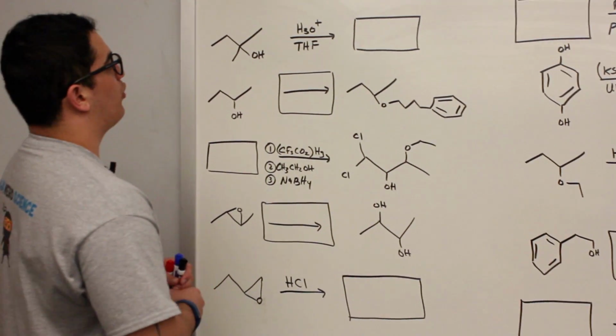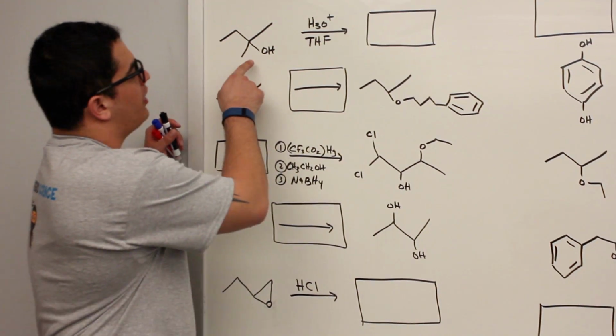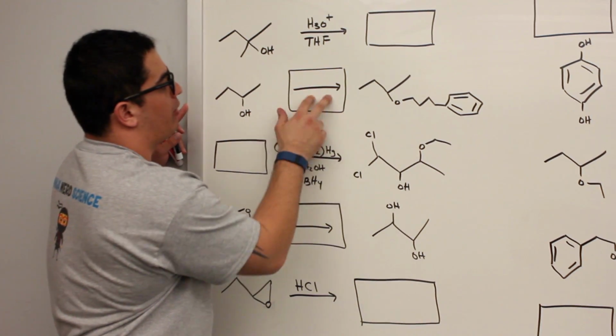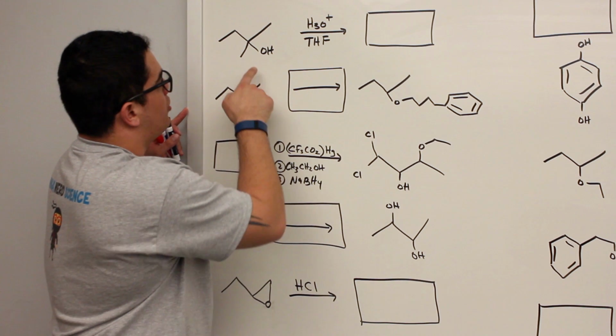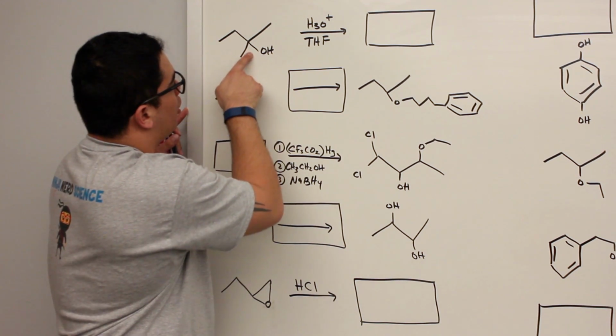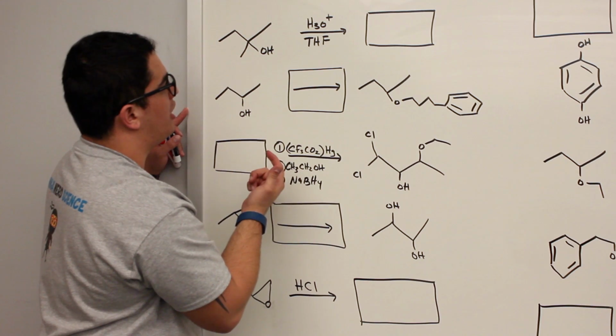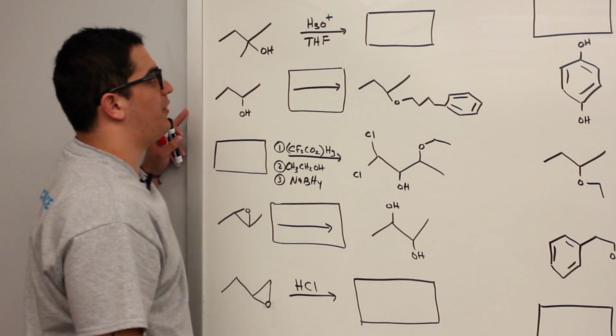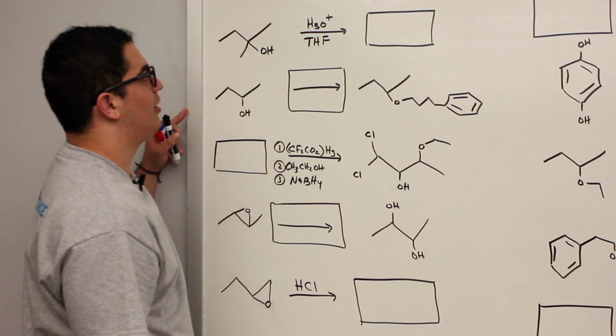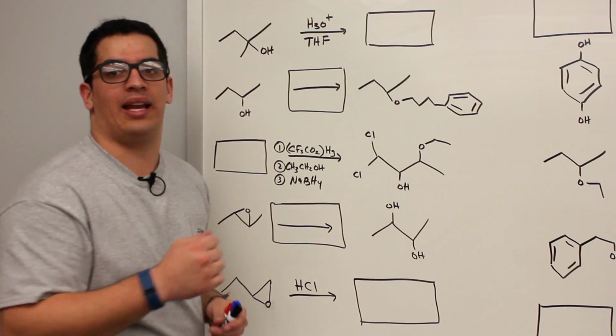All right, so first off, we're going to try to predict the product, or predict the reagents, or predict the reactant. In this one, we have to predict the product. If you remember, we have a tertiary alcohol reacting with hydronium and tetrahydrofuran. What was the overall product? Well, this was a good elimination reaction.